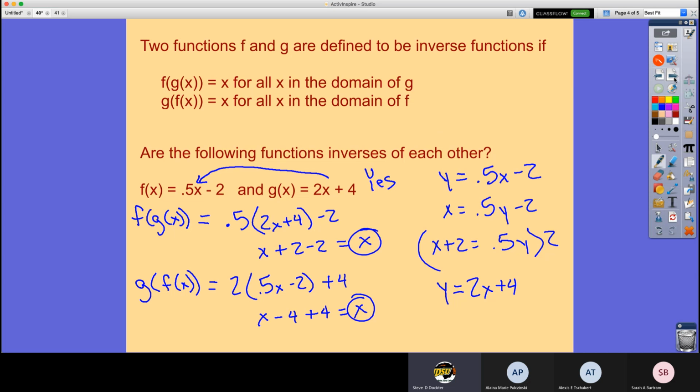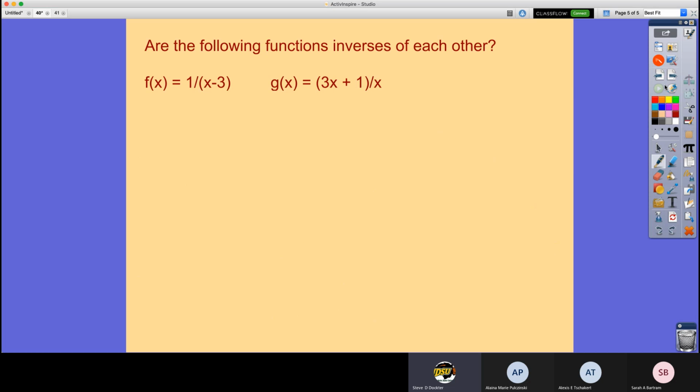All right. Now, there are problems with that though. And that's what this one looks like here. So go ahead and copy this one down.